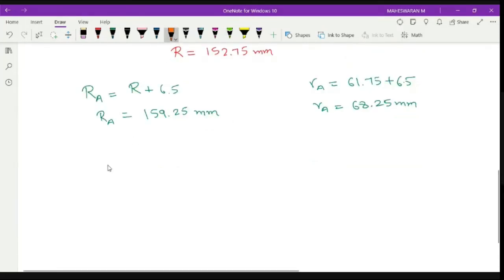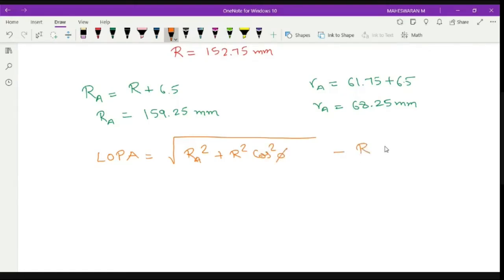First step, I need the length of path of approach, which is equal to root of capital RA square minus R square cos square phi, minus R sin phi.